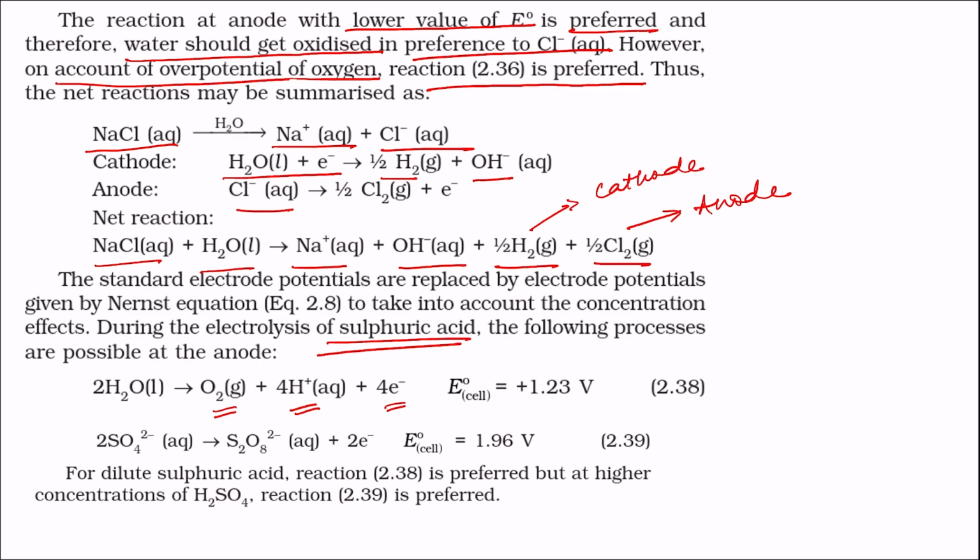For dilute sulfuric acid, reaction 2.38 is preferred. For dilute sulfuric acid, oxidation of H2O will take place, giving oxygen gas at the anode. Whereas at higher concentrations of sulfuric acid, reaction 2.39 is preferred, that is SO4 2- ions are oxidized to give S2O8 2- ions.